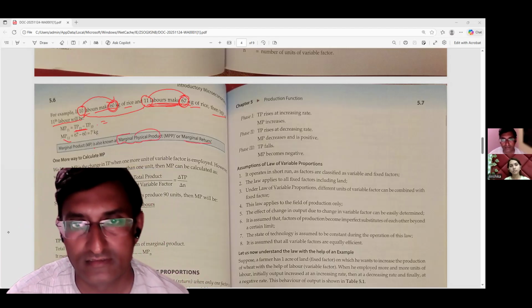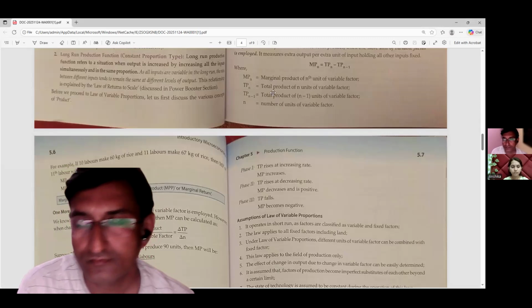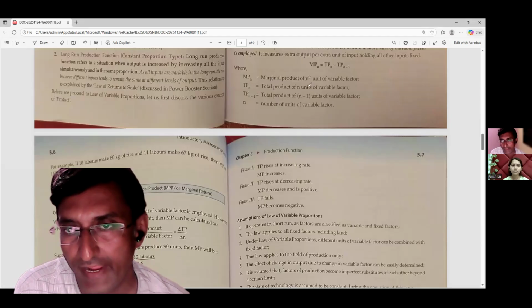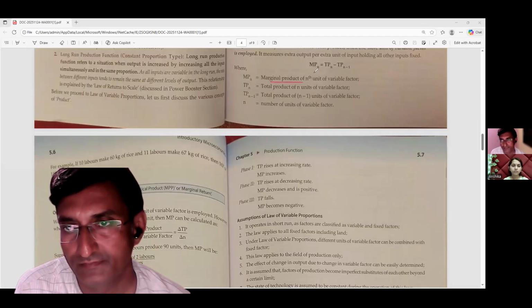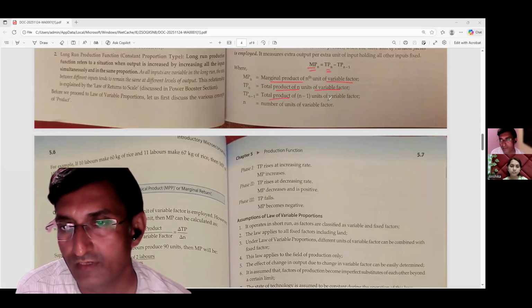Let's see this example. See, the marginal product of n units of variable factor. TPn is equal to the total product of n units of variable factors, and TPn-1 is equal to the total product of n-1 units of variable factors.